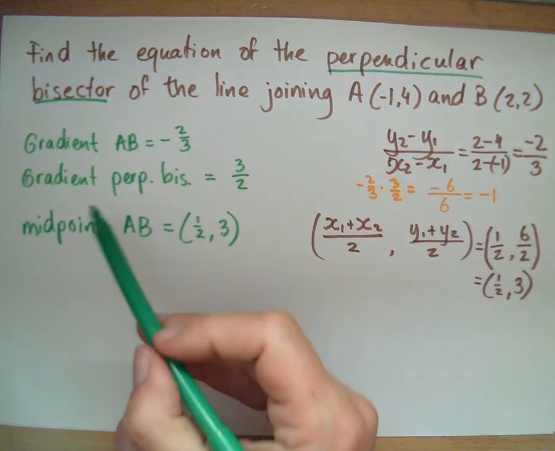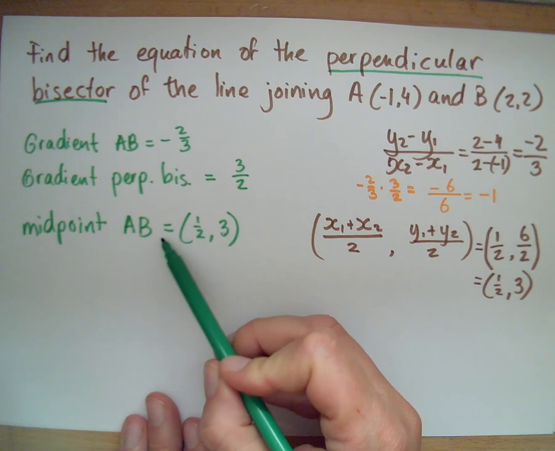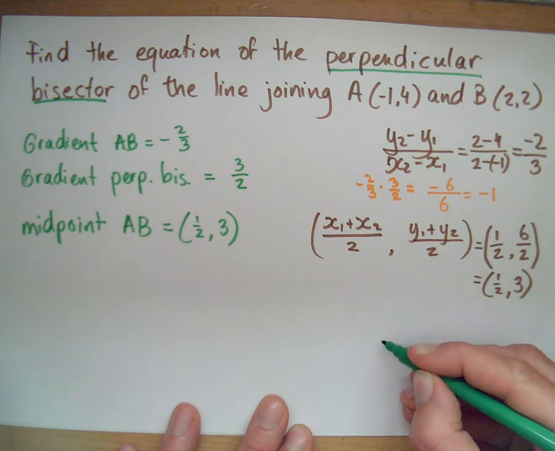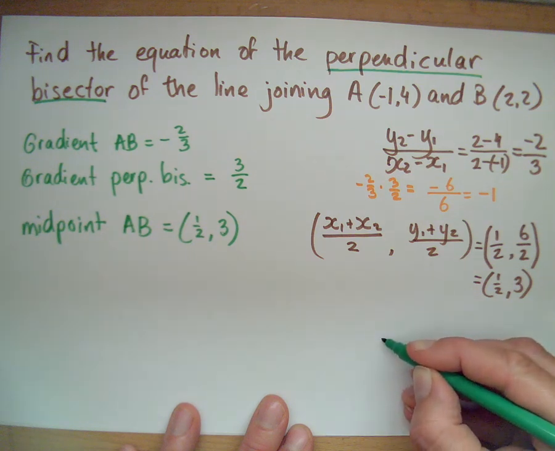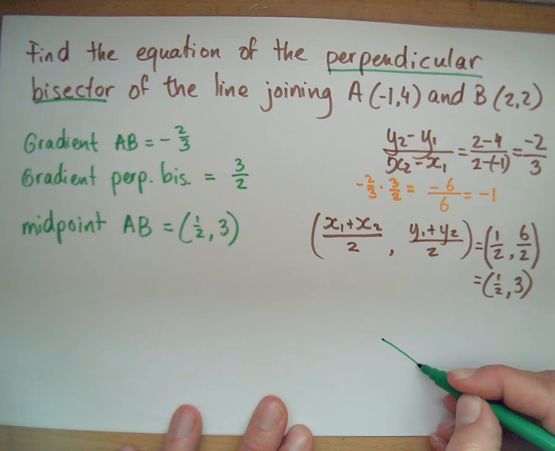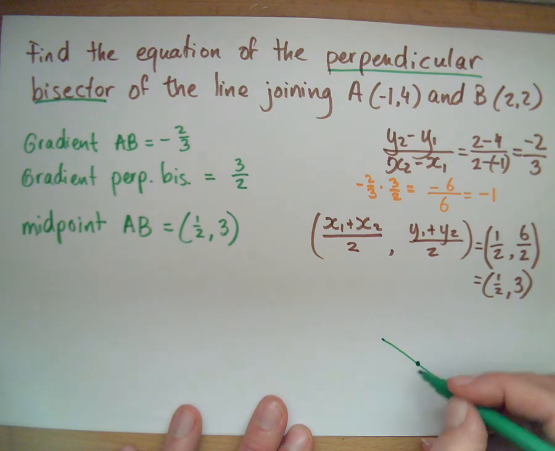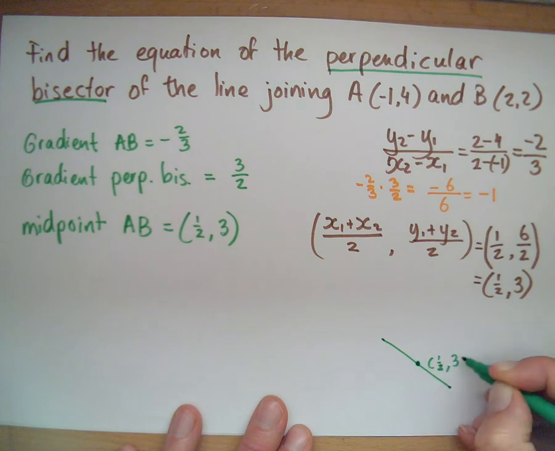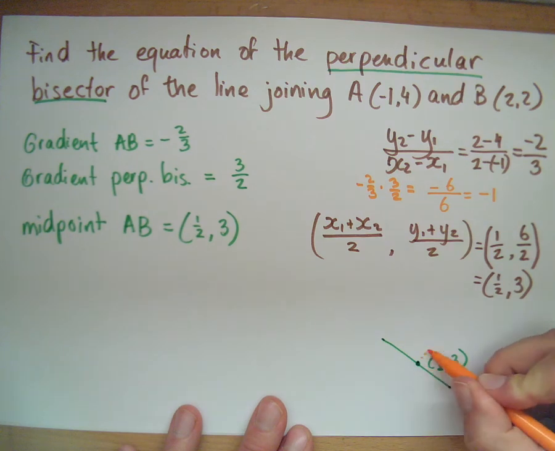So this is the midpoint between A and B, and we know that the perpendicular bisector, say this is our line. We've now found the midpoint, 1/2, 3, and we know that our perpendicular bisector passes through that point.